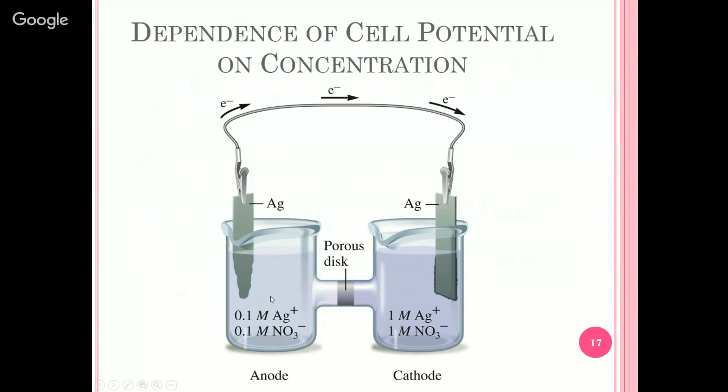So this is depleting, and over here this is increasing. We have a 1 molar solution over here and a 0.1 molar solution over here, which means that we have a smaller concentration of our products than our reactants. Therefore, if the concentration of your products is less than the concentration of your reactants, we can actually create more cell potential.